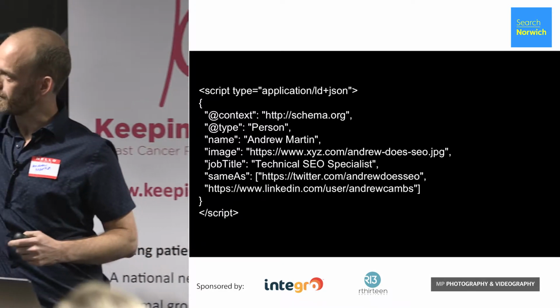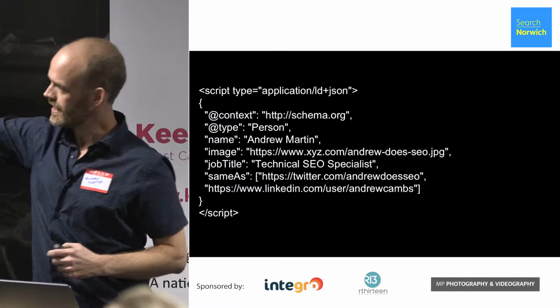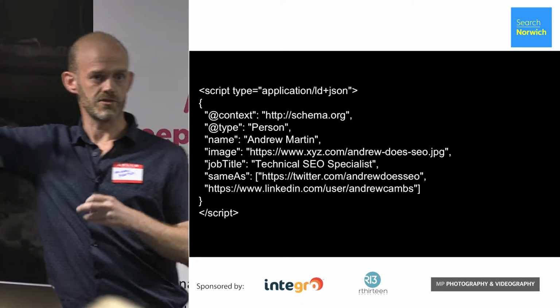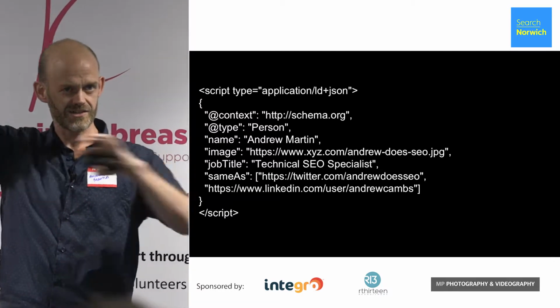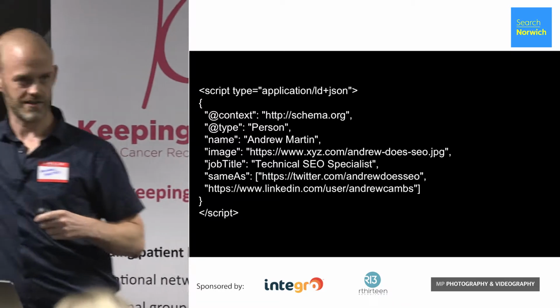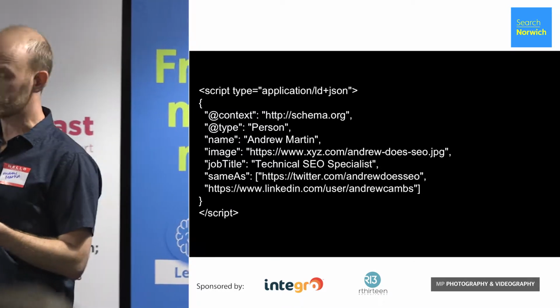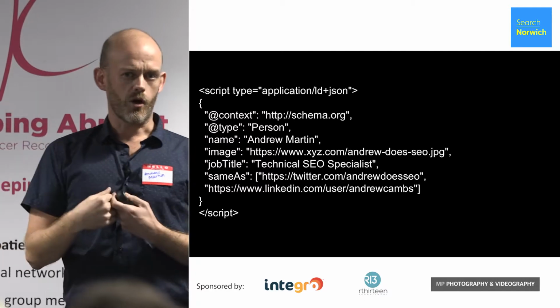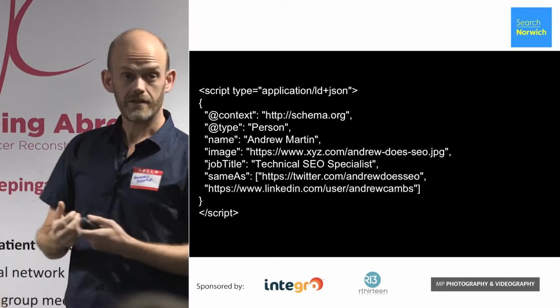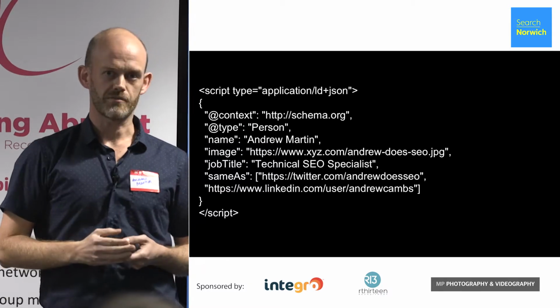But at the top here, we have a little mention of a script type called LD plus JSON. And at the bottom, the script closes. So JSON-LD is like your package that's delivering the schema that's here in the middle, the information. So you have to have the two together. There are other ways of implementing schema, but Google has said that JSON-LD is their preferred method.